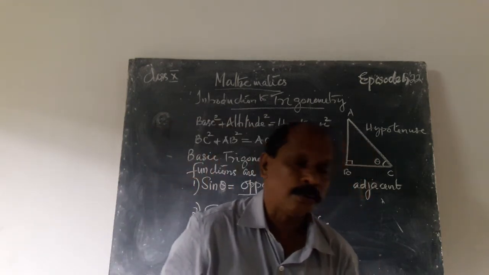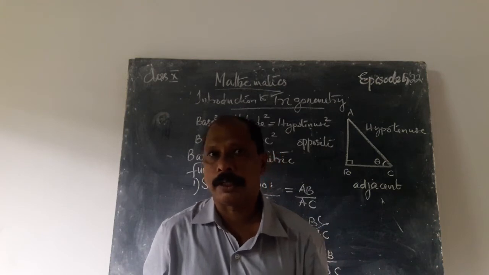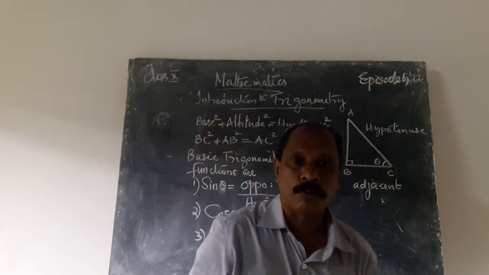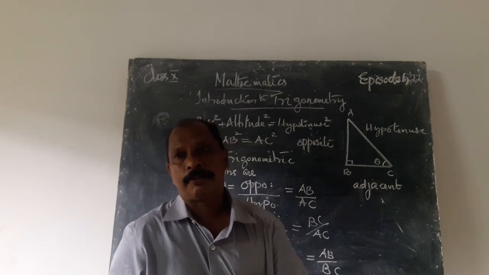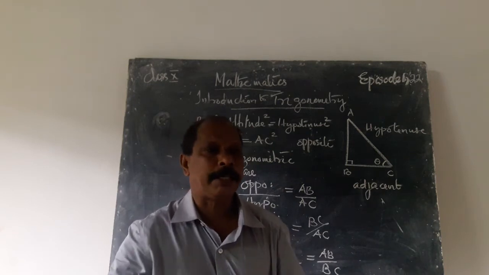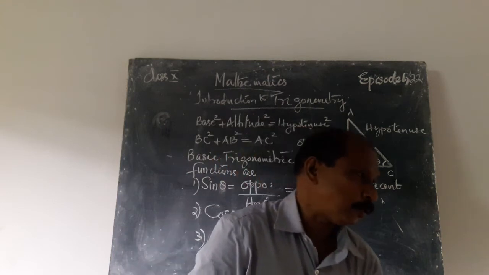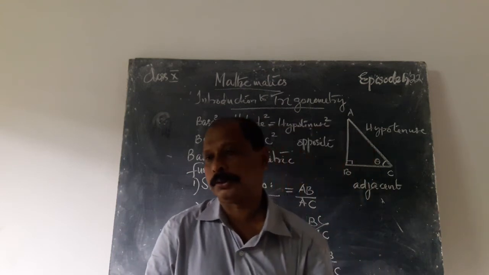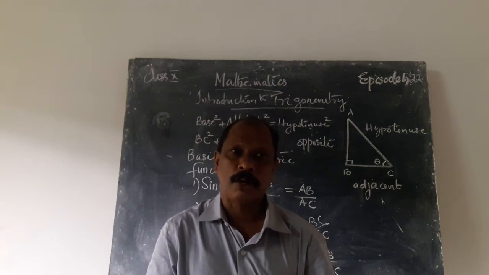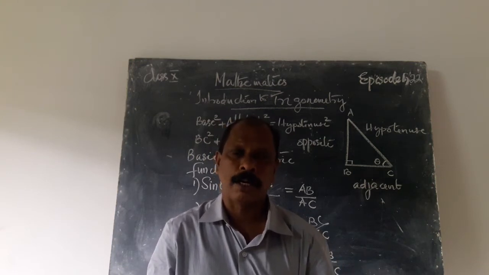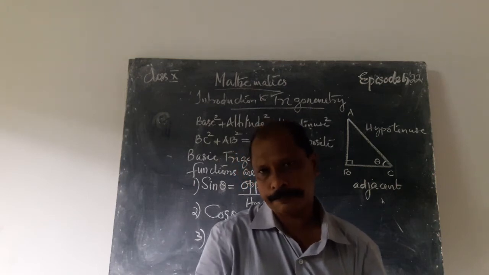If any two sides are given, we can find the third side using the Pythagorean relation. So BC square plus AB square is equal to AC square.